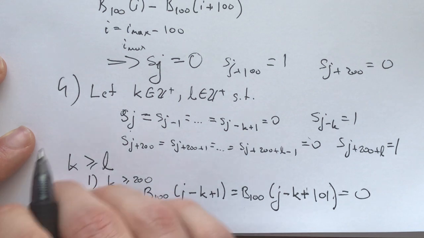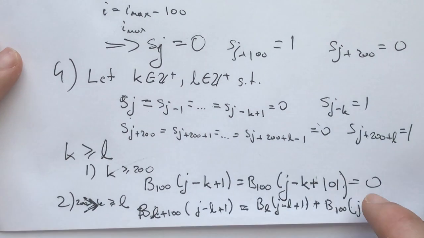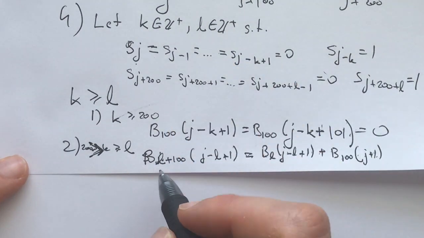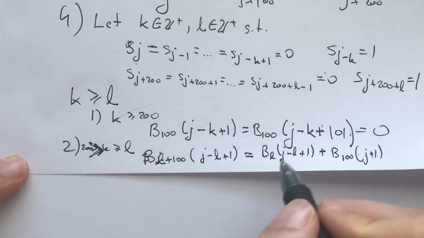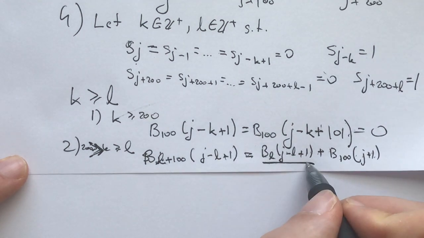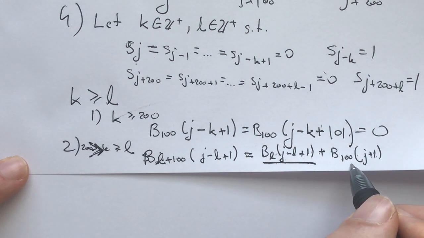In this second case, 200 is less than k, which is less than or equal to l. Here we have that B l plus 100 of j minus l plus 1 is going to be equal to Bl of j minus l plus 1 plus B100 of j plus 1.